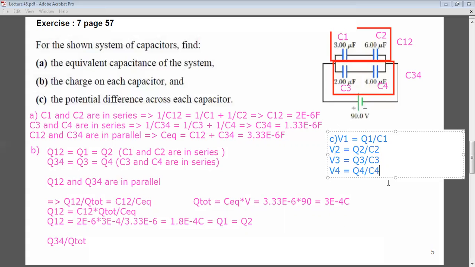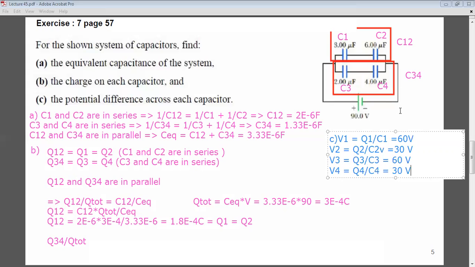You just plug all the values and you get all the voltage across the capacitors. So V1 you will get to be equal to 60 volts. V2 is 30 volts. V3 is 60 volts, and V4 is 13 volts.